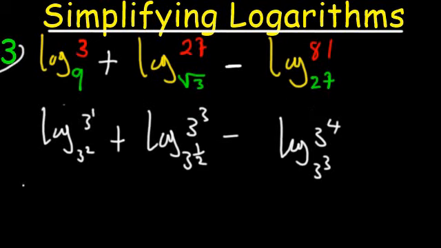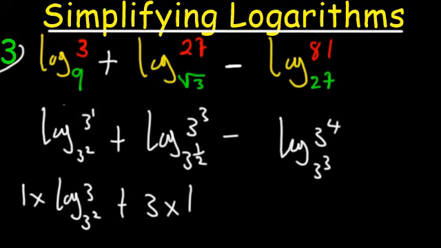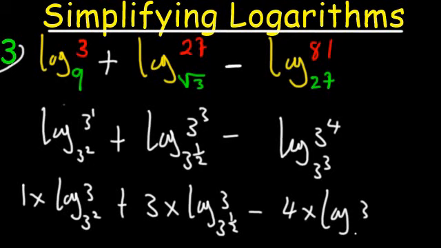So we have 1 times log of 3 to the base of 3 squared, plus 3 times log of 3 to the base of 3 to the power of half, and minus 4 times log of 3 to the base of 3 cubed. Now at this point, we still need to bring some values to the front of the logarithm.